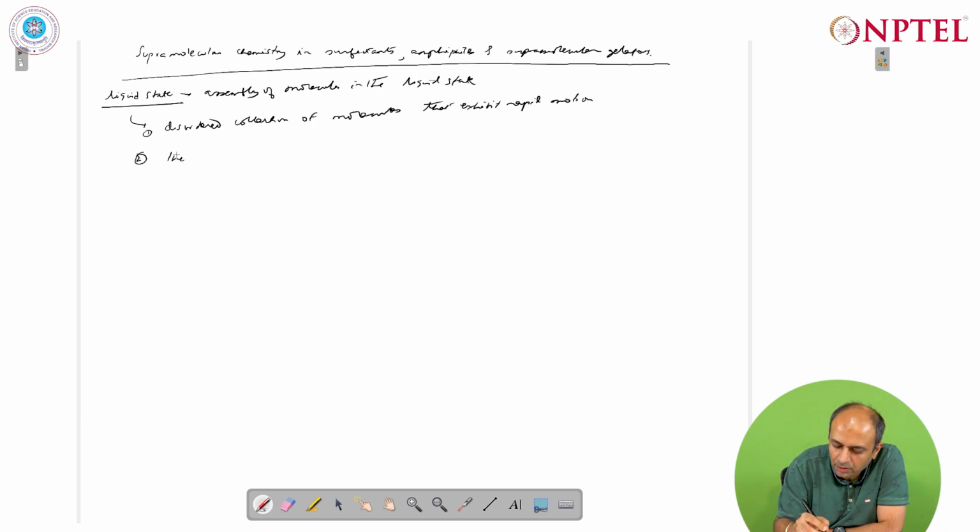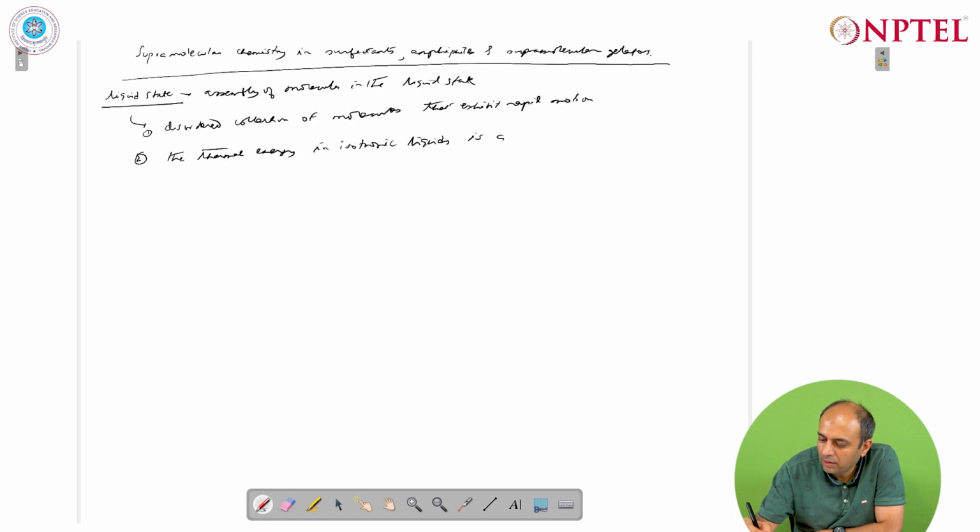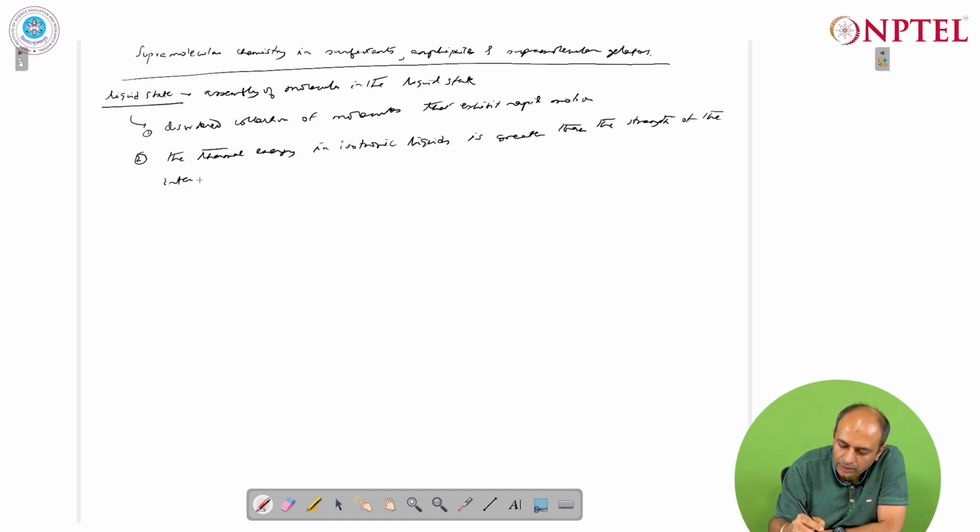And the thermal energy in isotropic liquids is greater than the strength of the interactions, which are relatively smaller in magnitude.